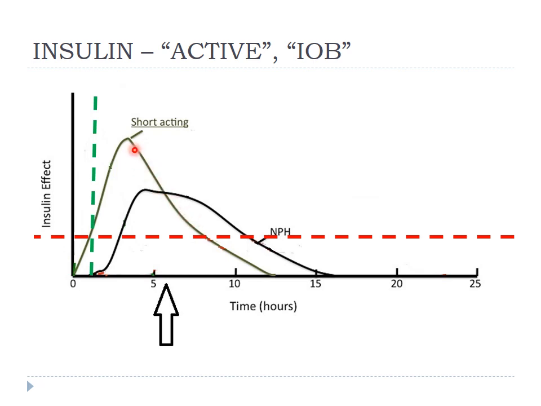How long will this insulin still stay above the minimum effective concentration line? That's important, because if you give another dose, you will run into the risk of stacking your insulin if you are still within this time range where insulin is still active, or you still have insulin on board that is effective.